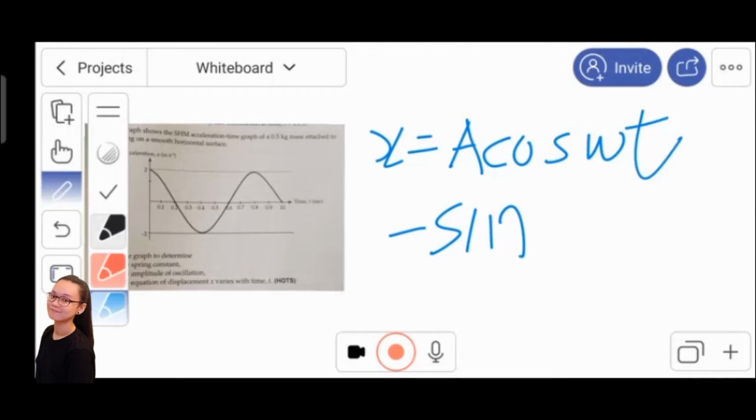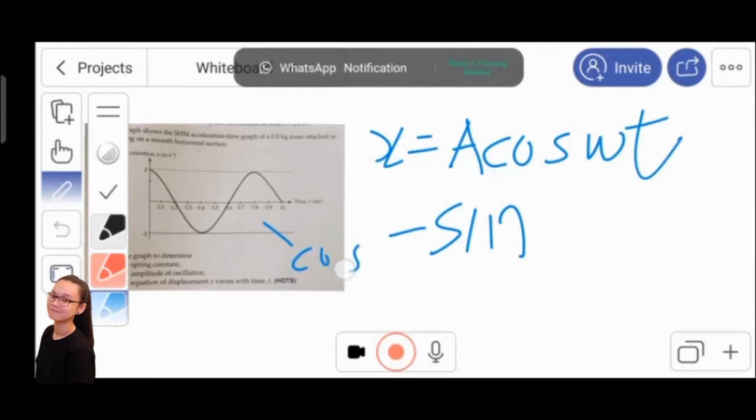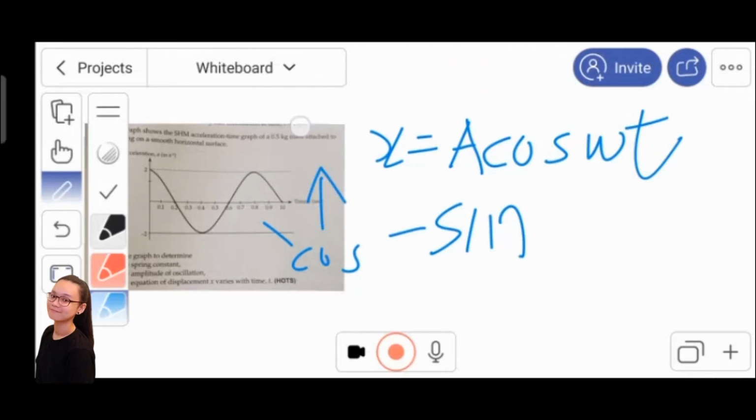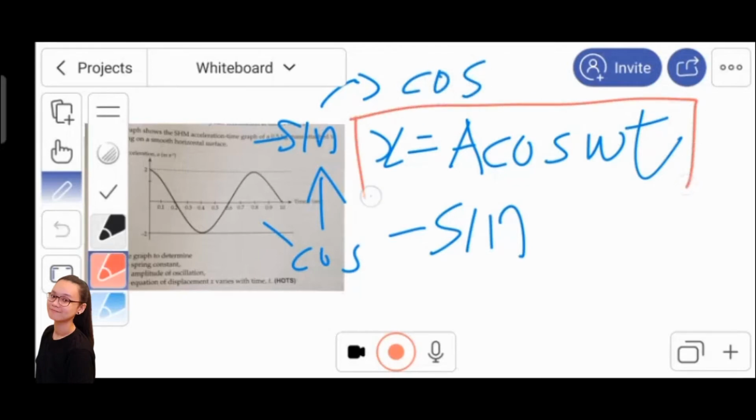Here we got the acceleration against time graph as a cos. So with integration to velocity, we will get sine. And integration to displacement against time graph, we get cos. So that's why our formula of x is A cos omega t here.